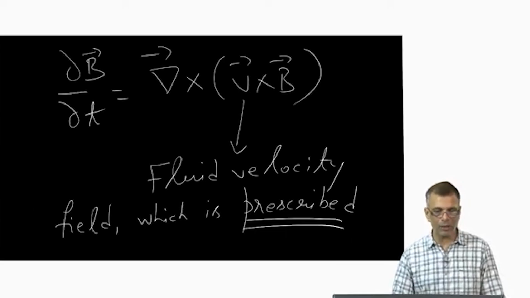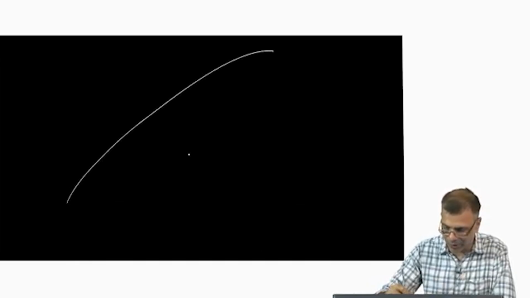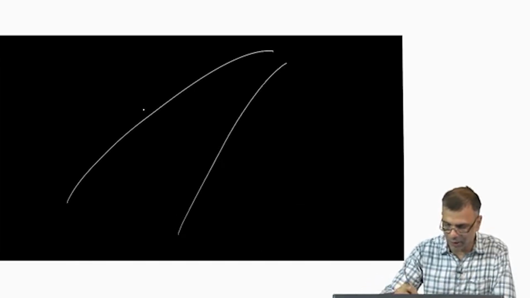For that I will need to draw a certain picture, and it will take me a couple of minutes to draw this. I request you to bear with me. I thought it's better to do this on the board rather than show you a slide.